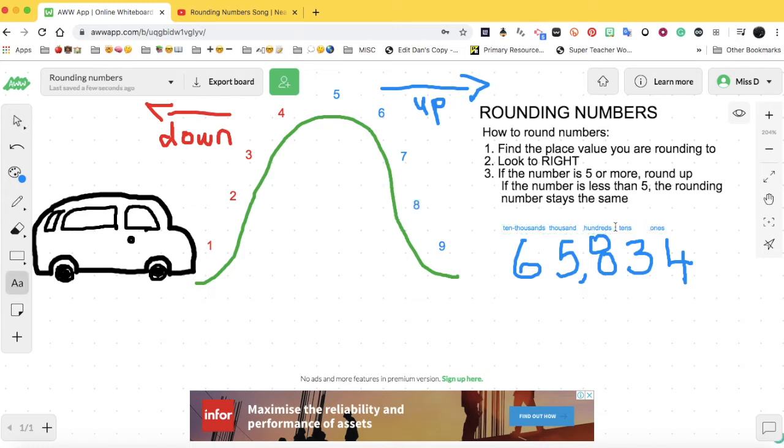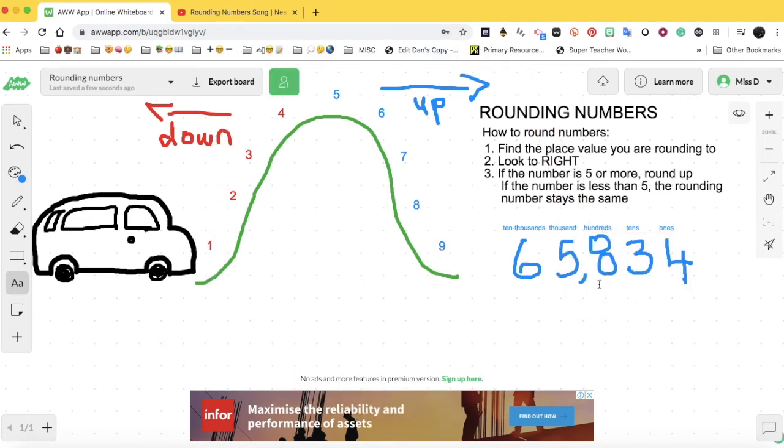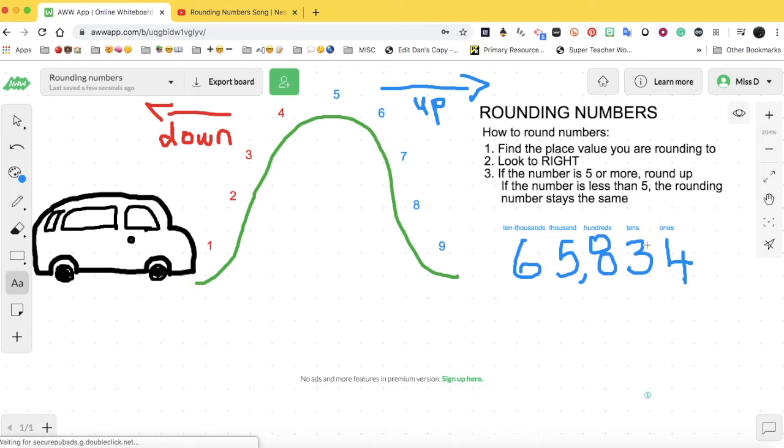So it's really important that you can actually read these numbers out loud correctly. So have a go, pause the video, and then I'll read it next and see if you've got it. Okay, so the way you read this number is 65,834.